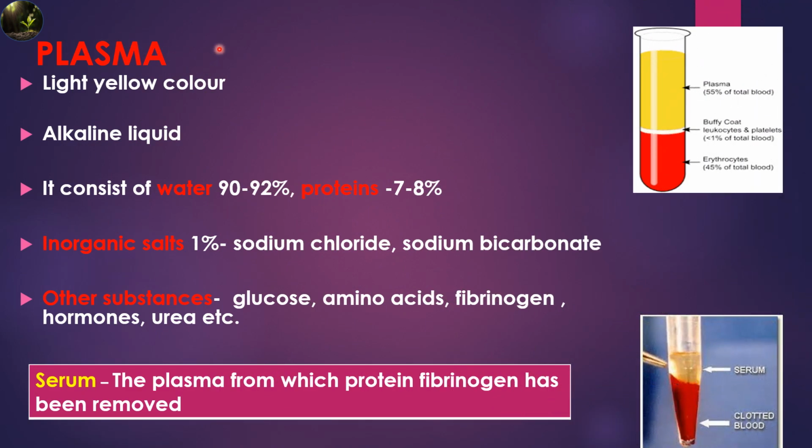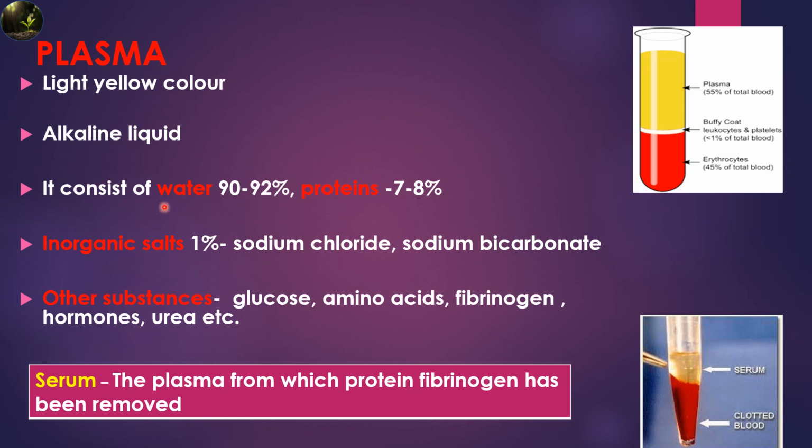First, we can discuss plasma. Plasma is light yellow in color. It is an alkaline liquid. You can see plasma in this picture. What is the meaning of alkaline liquid? That means pH is above 7.